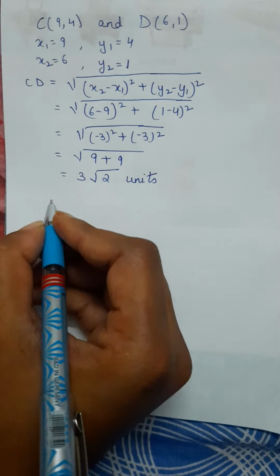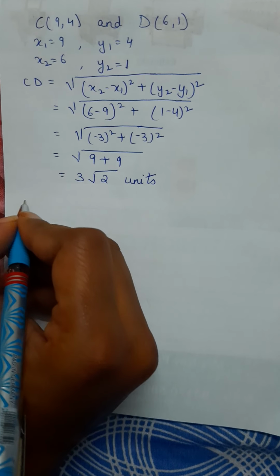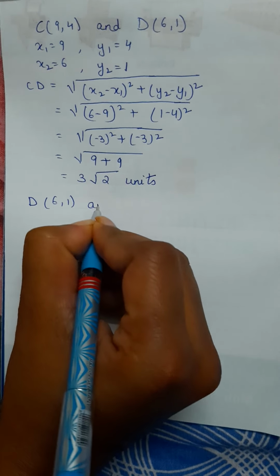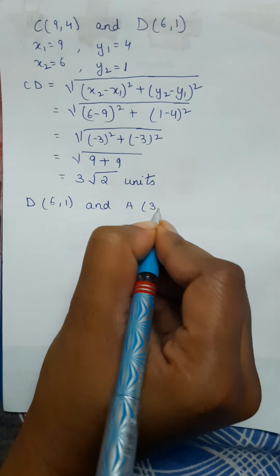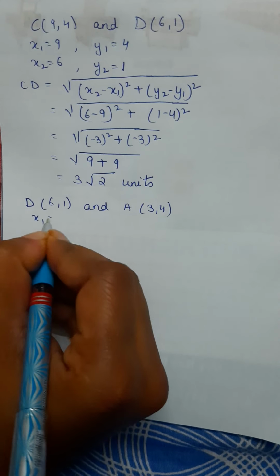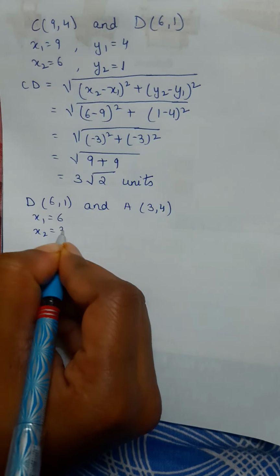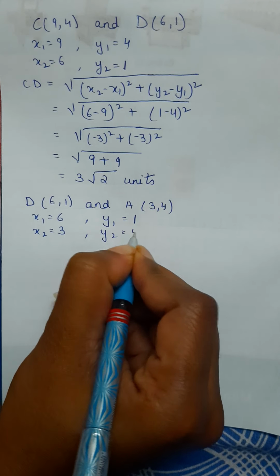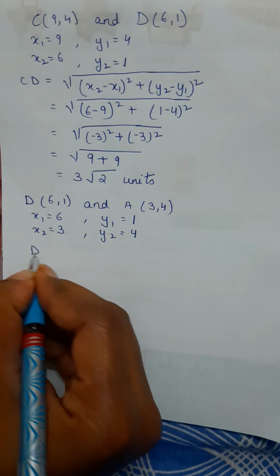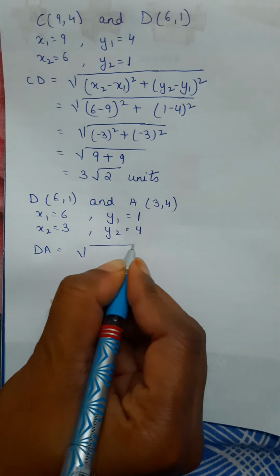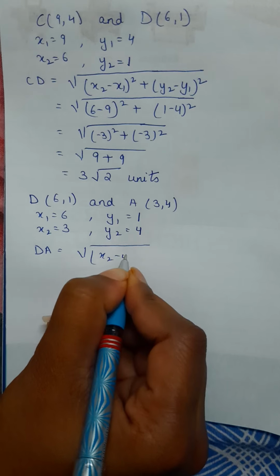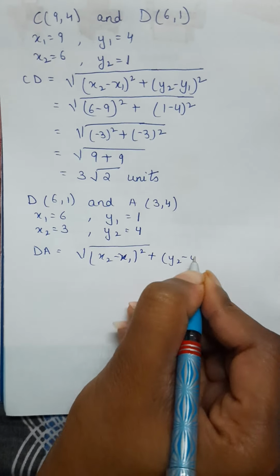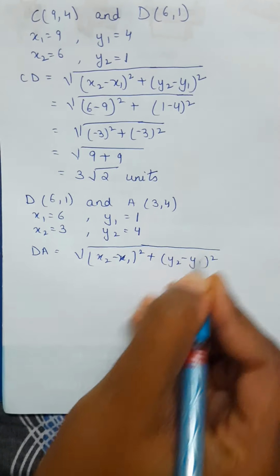Now to find out the fourth side, we know the coordinates of the fourth side, that is D and A. The coordinates of D are 6, 1 and the coordinates of A are 3, 4. In this, x1 is 6, x2 is 3 and y1 is 1 and y2 is 4. To find out the distance of the fourth side, first put the formula, that is x2 minus x1 whole square plus y2 minus y1 whole square.